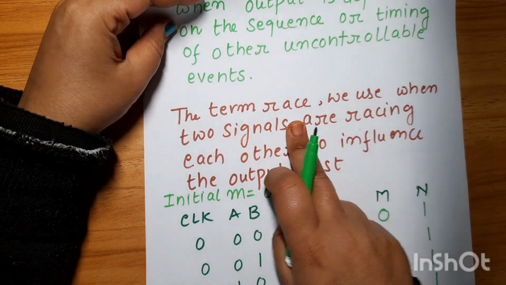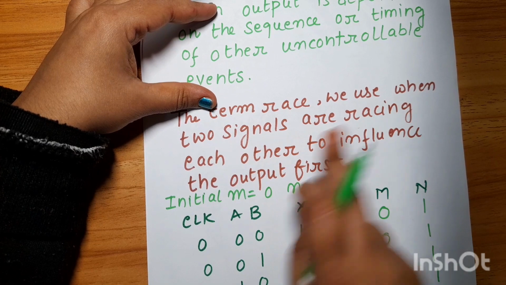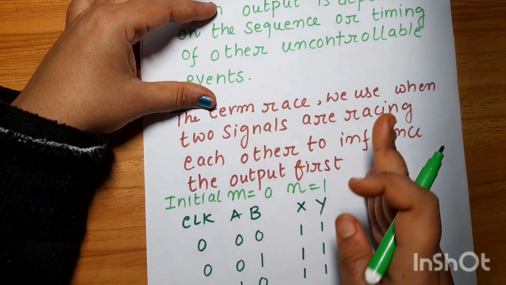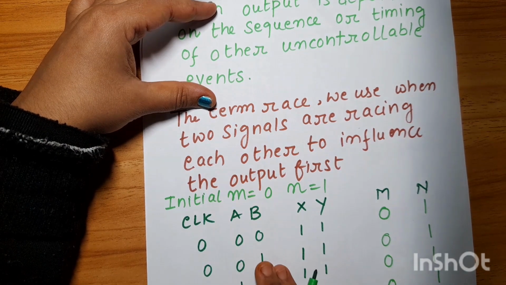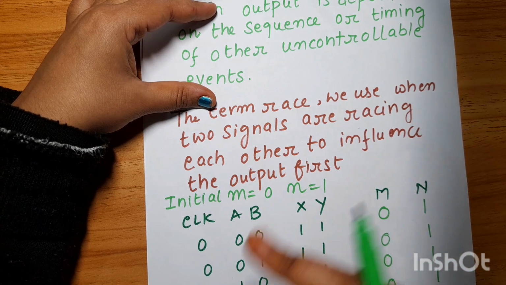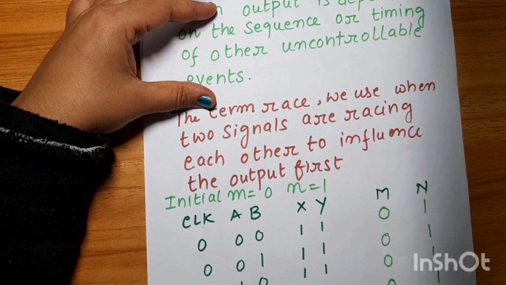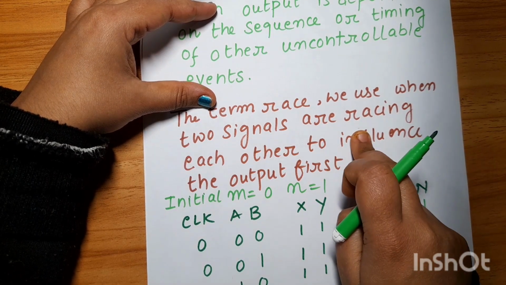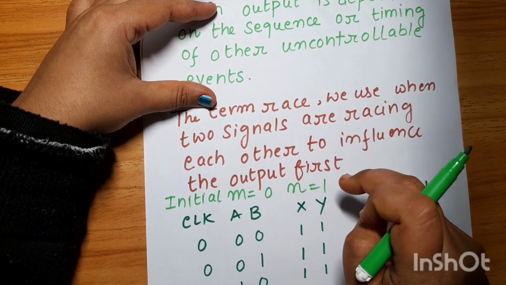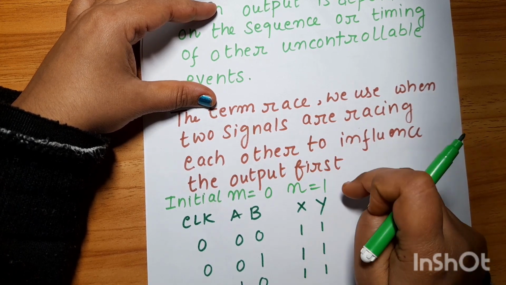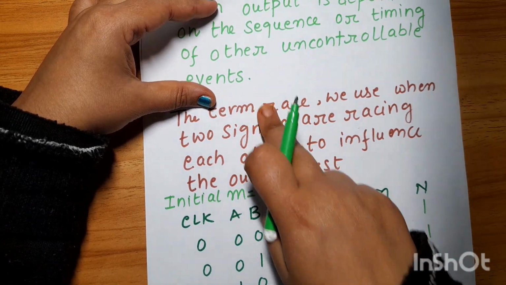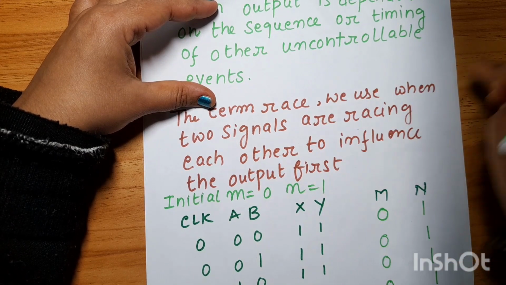The term race we use when 2 signals are racing each other to influence the output first. Suppose a particular value of input should influence the output. Whenever an unstable condition arises in the input, let it be a 1 to 0 transition or 0 to 1 transition, whenever this transition happens, the value of output changes. Though it is expected that it should not change and should always depend upon the stable value, still at those unstable conditions, whenever the transition happens, the output is changing.